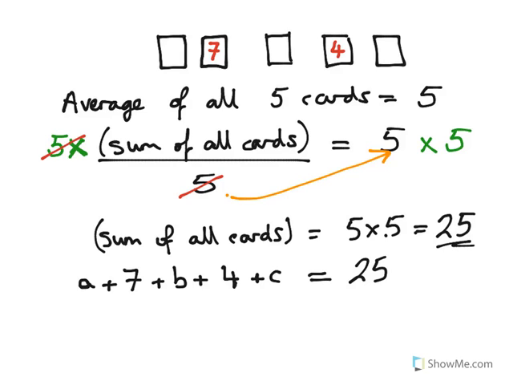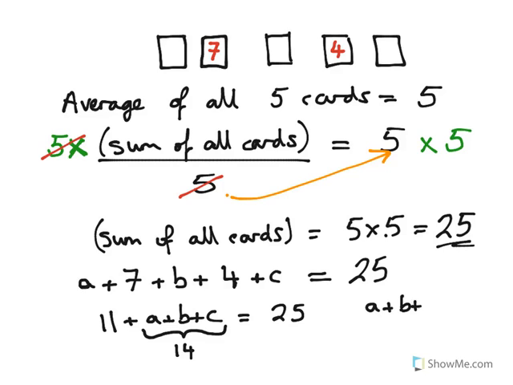We know that 7 plus 4 is 11. So 11 plus the 3 that we don't know must equal 25. Well, we know that 11 plus 14 equals 25. So the sum of these 3 cards must actually end up being 14. So A and B and C must end up being 14.